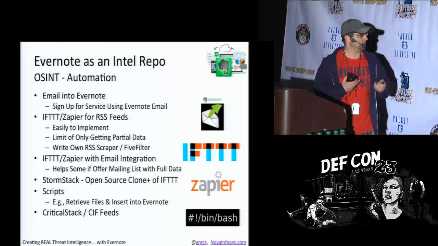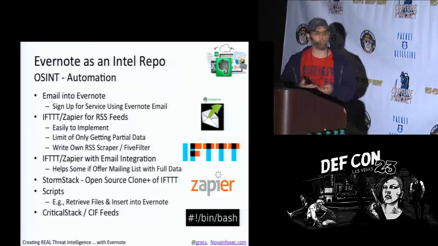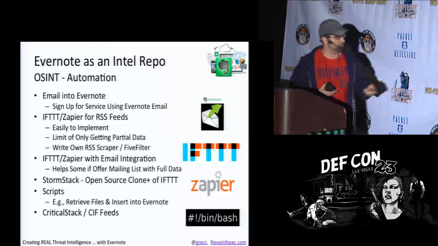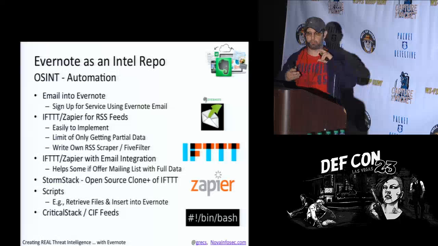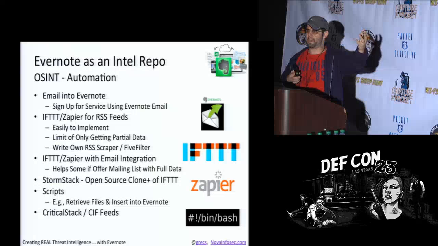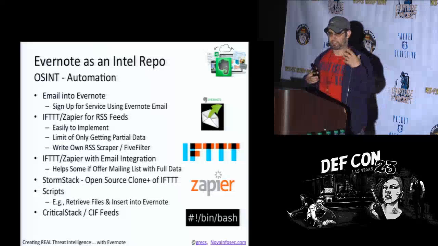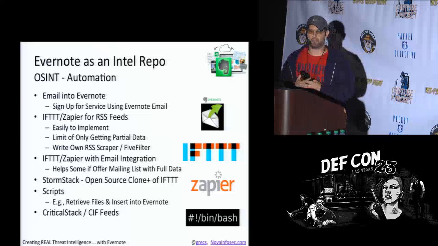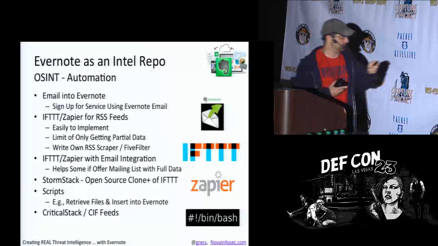With the help of some of my friends on the Nova Hackers email list, somebody helped me write a simple bash script, and so I put together a basic script that'll go out to some of these sites. It'll pull that new text file down, check if it's changed since the last time I checked. If it's changed, then it imports it into Evernote through the email capability that I was talking about.